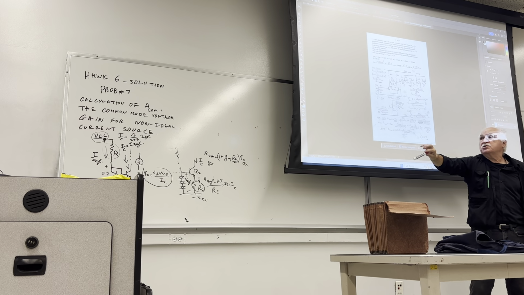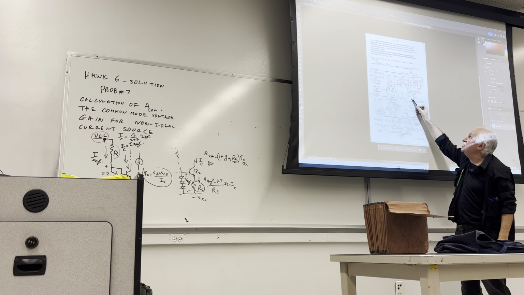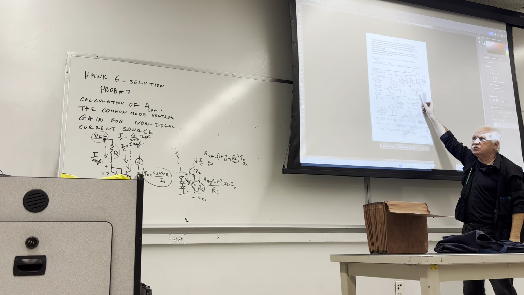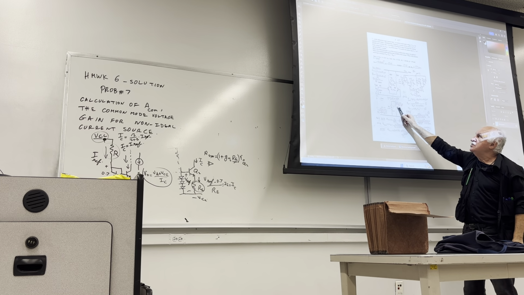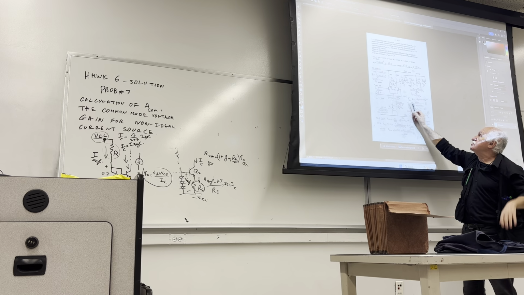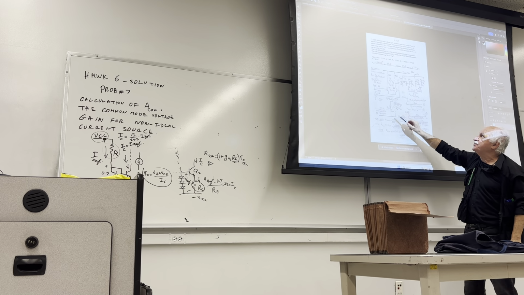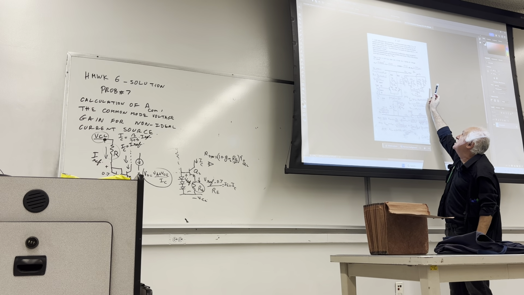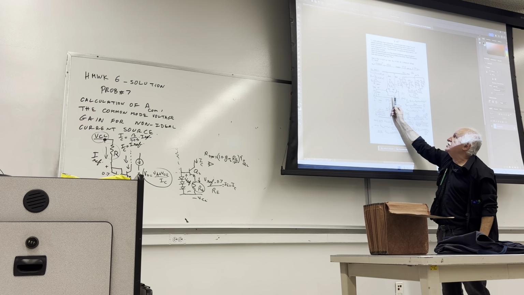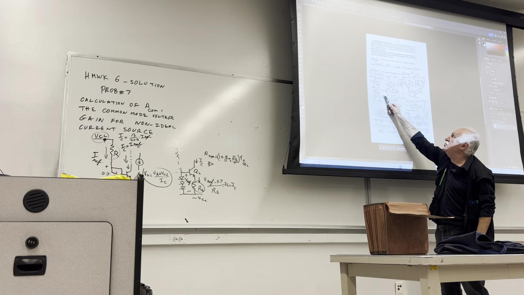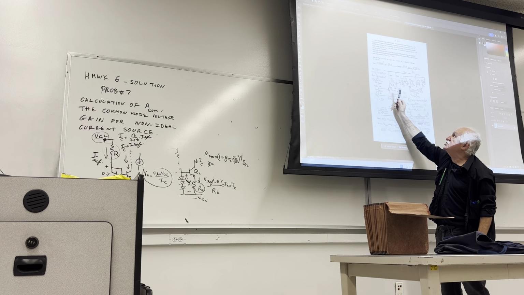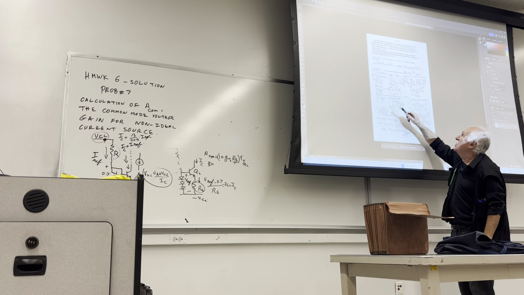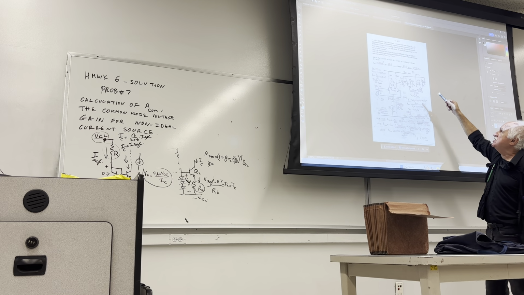There is no constant current there. Resistors are not removed. RE sits over there. Transistor, R pi, RC, R pi, and RC, because that current splits half and half between the two. They have identical R pi's, identical Gm's. So we get all parameters that we need.